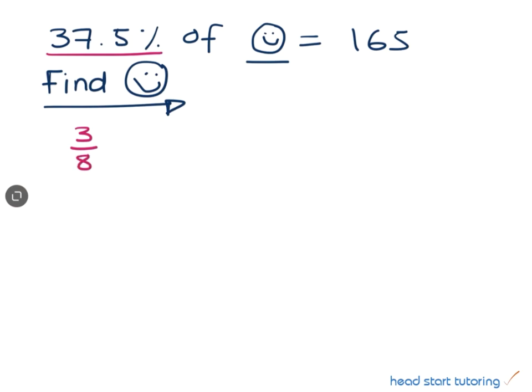So 3/8 of, or multiplied by our smiley face, is equal to 165. So what we need to try and work out is what 1/2 times our smiley face is going to be equal to. So what do we need to do to 3/8 to get 1/2?